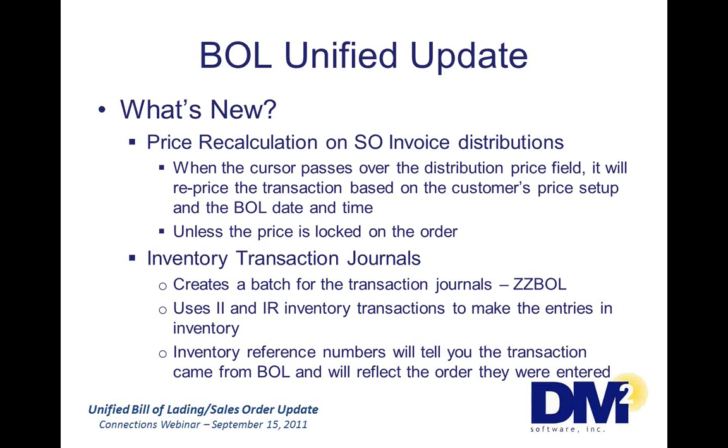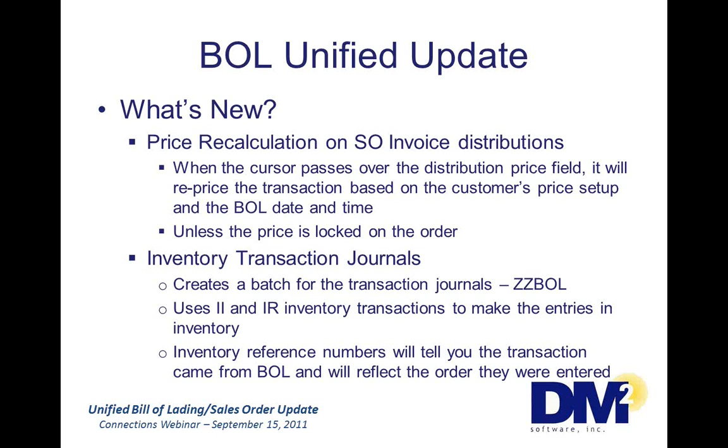In addition, we are going to start using the standard inventory transactions, II for issues and IR for inventory receipts. DM2 up until now used transaction types that were not Sage's: the LR transaction type for receiving product, and in some earlier versions, LT for moving product from a truck warehouse to a regular warehouse.